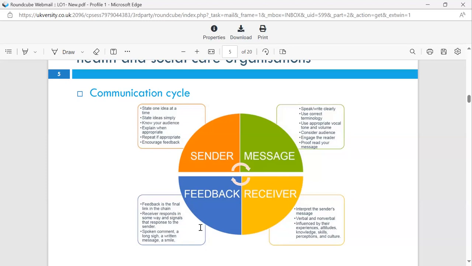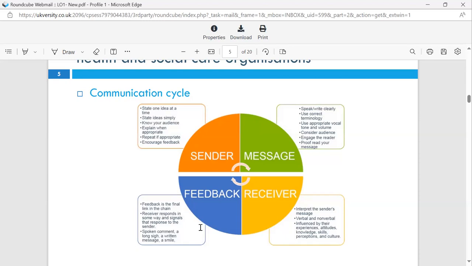Even if it's healthcare workers, care workers, patients or their families, you are able to use this communication cycle to exchange information and instructions. This impacts the health and social care provided to patients, making it extremely important. So it's really, really important.